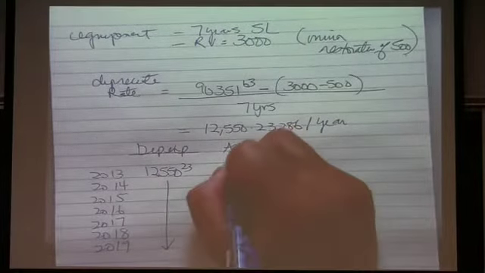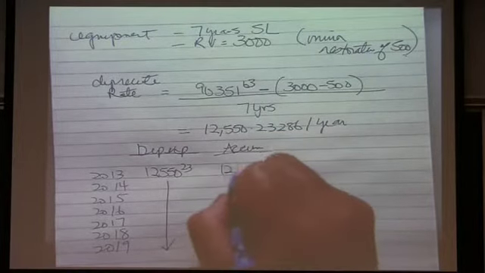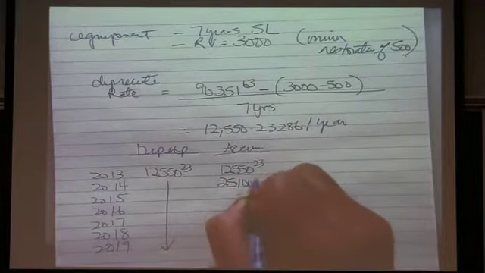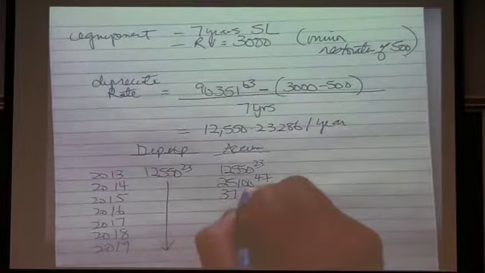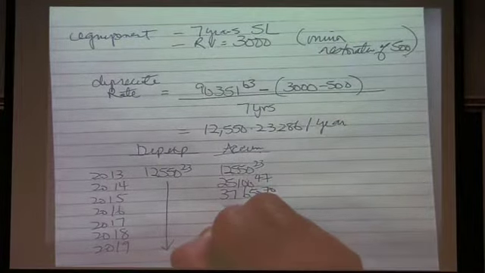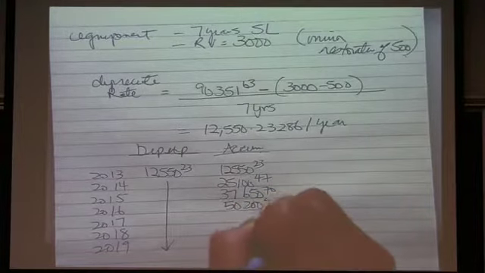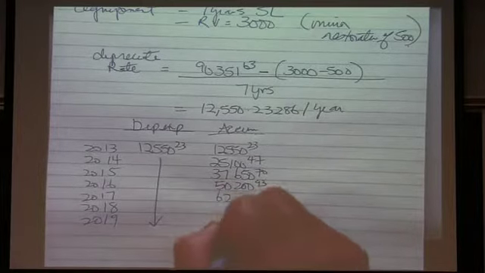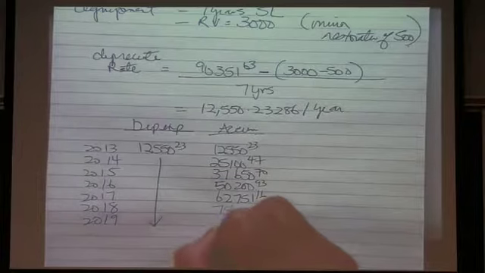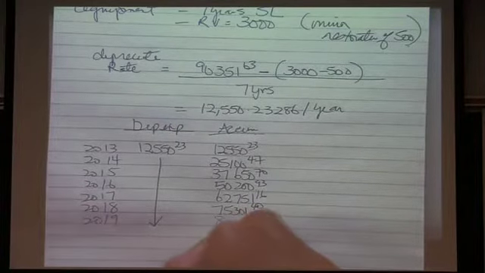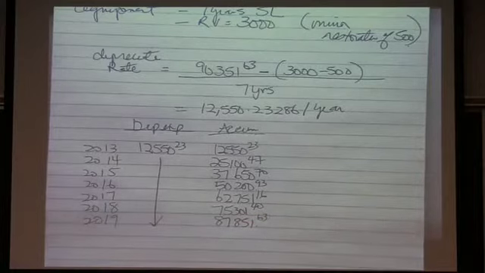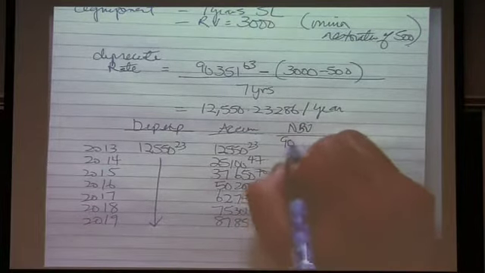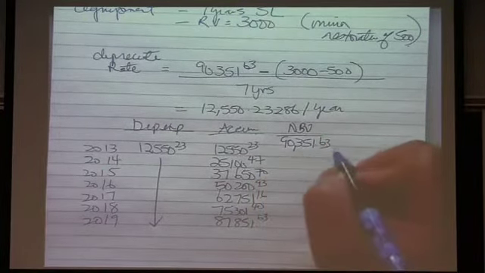Now, the accumulated depreciation would be the sum of all of these amortization amounts. And the net book value, first of all, we had $90,351.63.